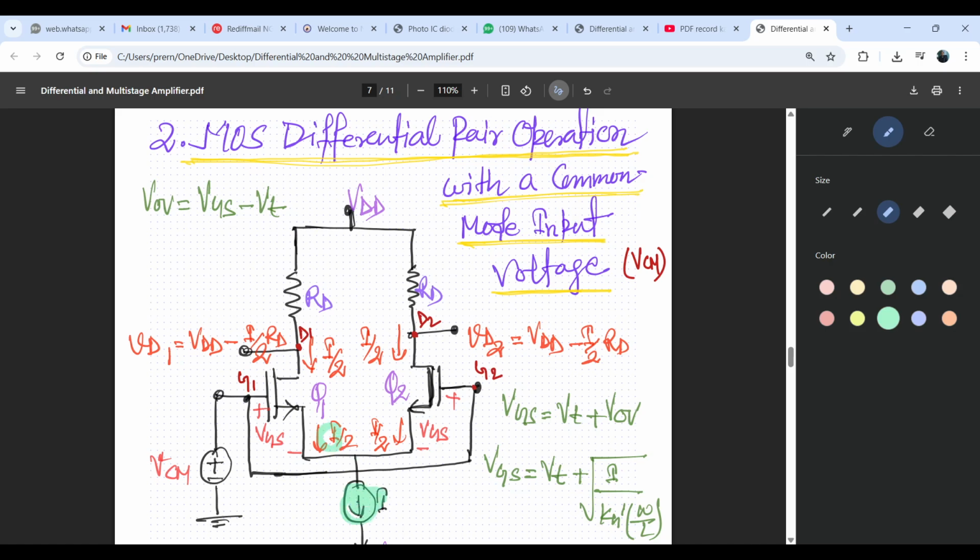This I is nothing but the sum of both transistor currents, so each should be I by 2. So the current in each drain will also be I by 2. The corresponding voltage at this point will be VDD minus I by 2 RD, so that we have written here.